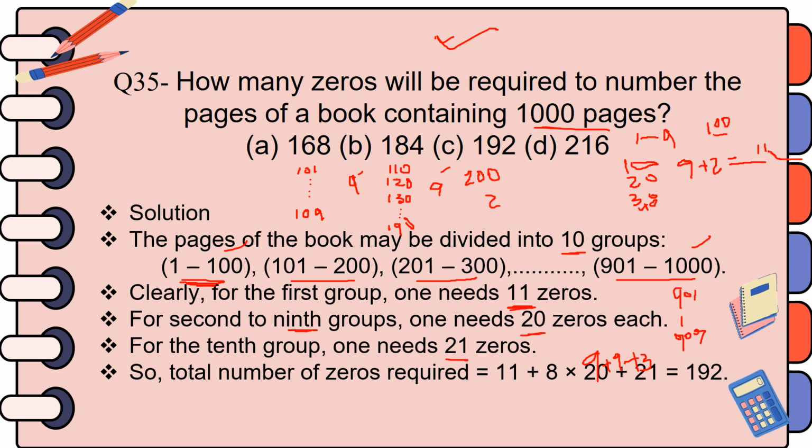So you have 20 times 8, and the last one is 21. So 11 plus 8 times 20, or 160, plus 21, you get 192. 192, or choice C as an answer.